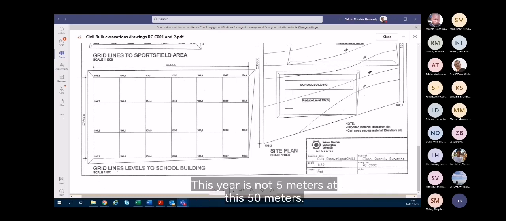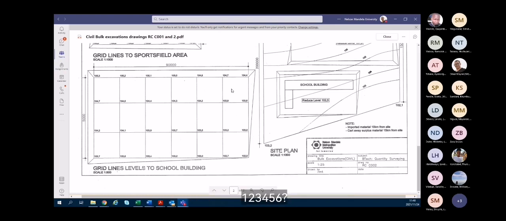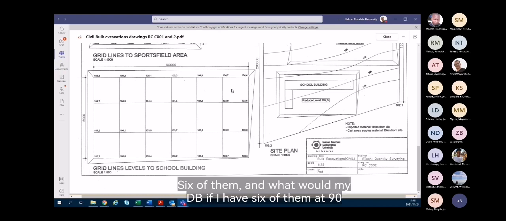This here is not 5 meters, that is 50 meters. That is a mistake. That should be 50 meters over there, and it's 90 meters across. And 90 meters across would then give me 1, 2, 3, 4, 5, 6. 6 of them. And what would my D be if I have 6 of them at 90 meters?